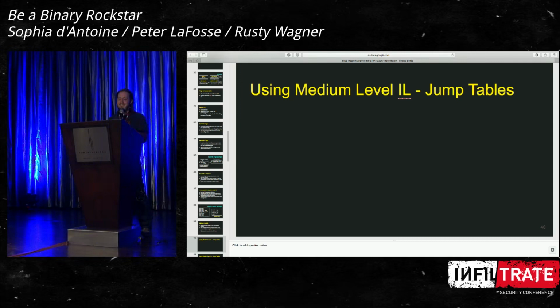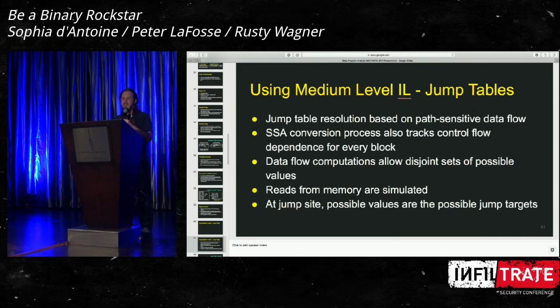So we want to simplify this. And so we made a new algorithm for doing jump tables. Our jump table resolution is actually based completely on path-sensitive data flow. During our SSA conversion process, we track the control flow dependence of every block. So we know what path the program had to take to get down to the jump instruction that we're querying.